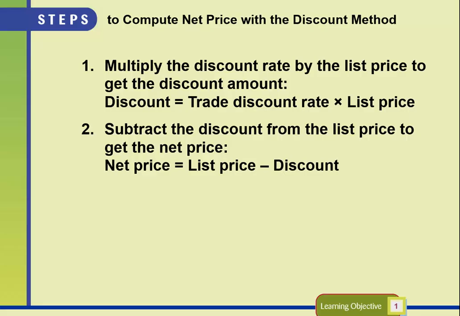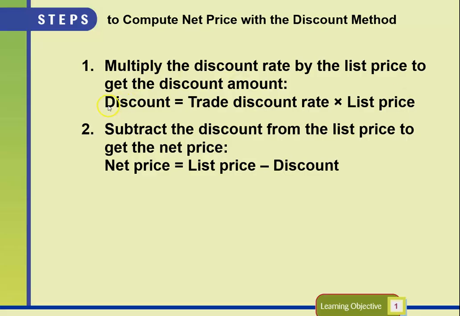When we talk about the net price with discount method this week, what we're really doing is just finding out how much a buyer really pays after discounts are applied. To compute the net price using the discount method, here's what we're going to do. First, multiply the trade discount by the list price.